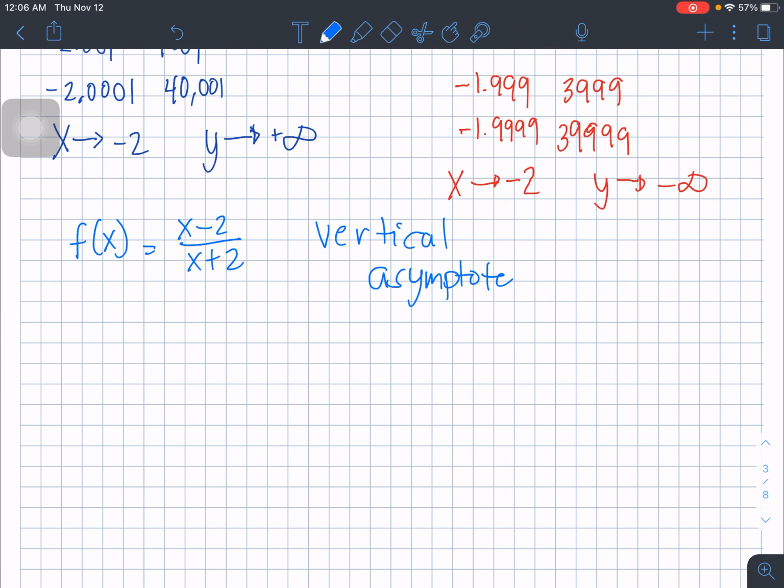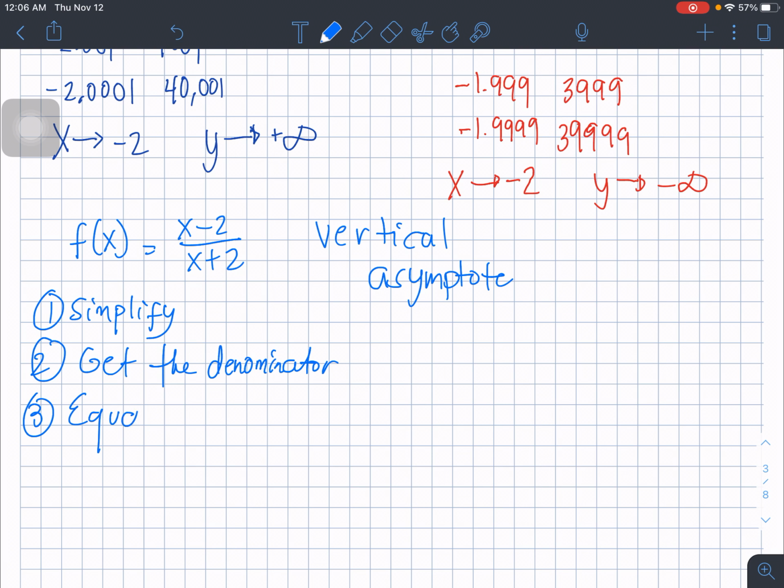Okay, so finding the vertical asymptote is an easy procedure. First, we should simplify. Second, get the denominator and equate it to 0. Then solve for x.